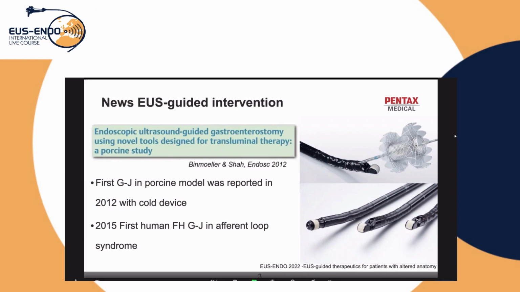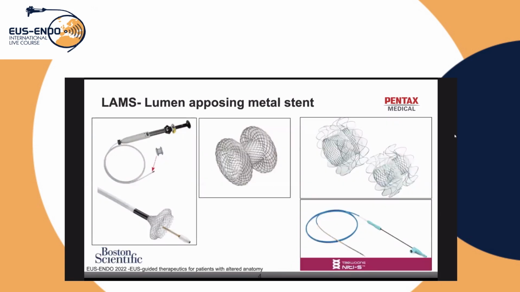First of all, endoscopes with increased maneuverability, with a smaller tip, a wide field of view, and a big working channel with the possibility to introduce devices. Moreover, the use of LAMS, the first dedicated devices for therapeutic endoscopy. I will stress this for a minute.